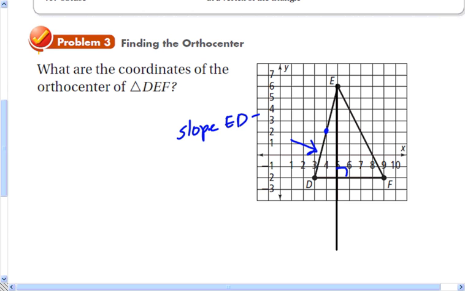So the opposite reciprocal of that is -1/4. From F, I'm going to use my slope of -1/4 to find that perpendicular line. And that would be right through here.